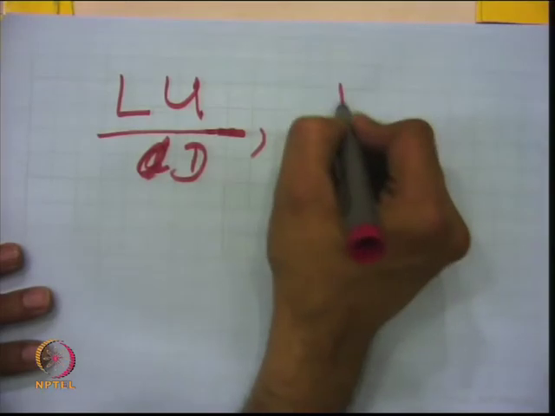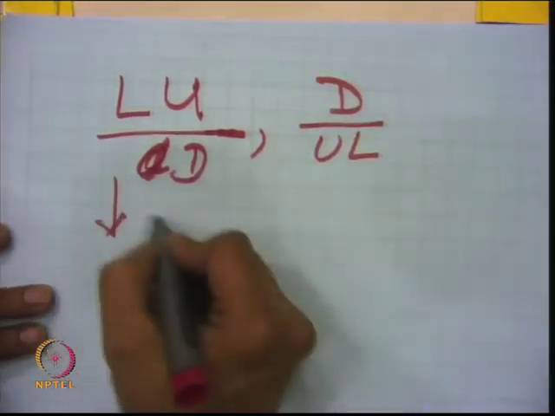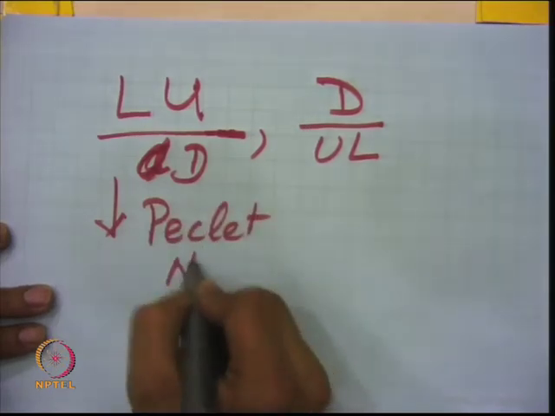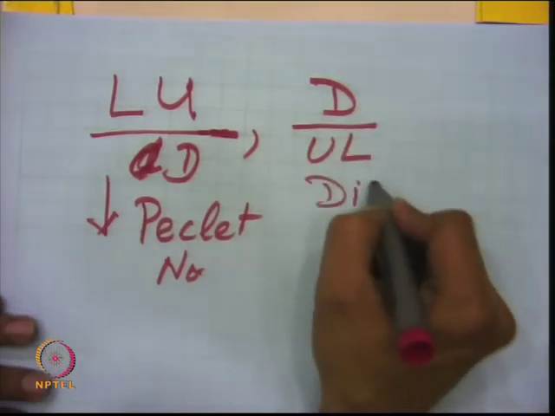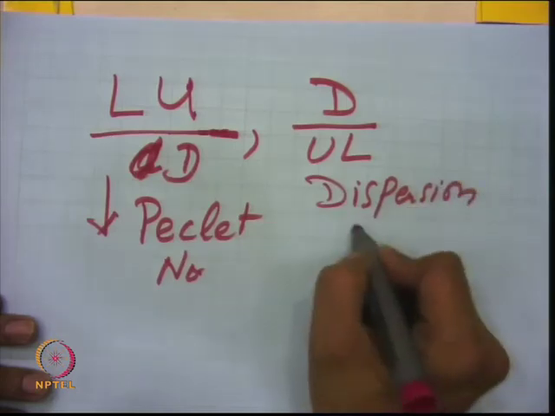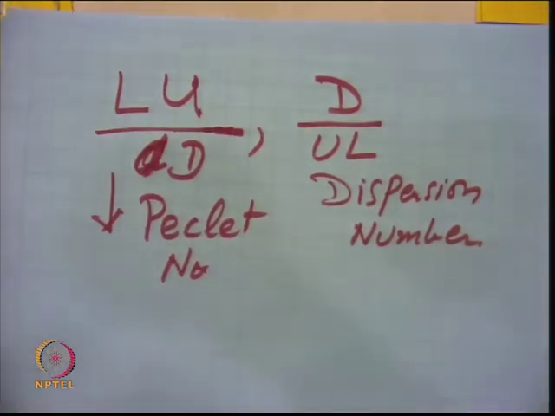The inverse of this, D upon u L, is known as the dispersion number. Peclet number and dispersion number.